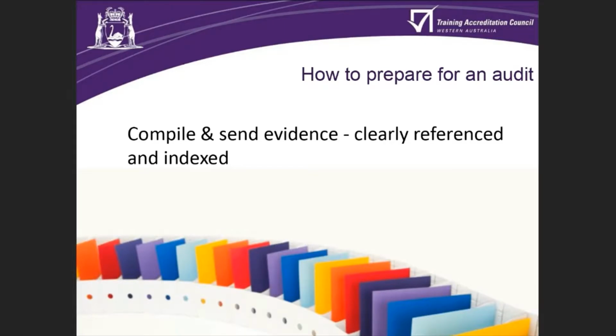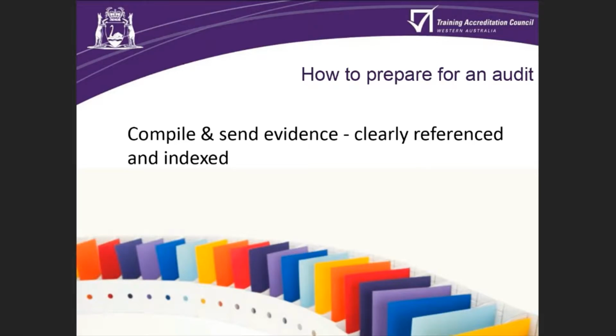So depending on the audit and the type of audit, whether it's a desktop audit, site audit, or whether it's an initial or re-registration audit or change of scope, you will need to compile different evidence to support your application. Generally speaking, when it's a desk audit, you will submit some evidence with your application that the auditor will be able to access from the TAC portal.